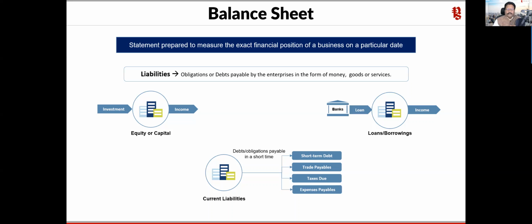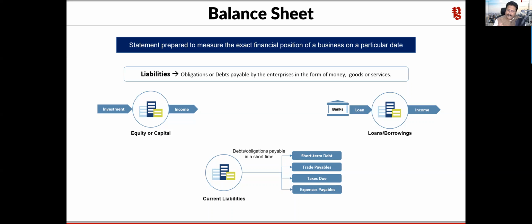For example, taxes due. If you don't pay the taxes that you have collected within the specified period, you will end up paying penalties, interest, and a lot of other complications. At the same time, if you don't pay your supplier within the prescribed credit period that they have allowed you, you will end up in trouble.